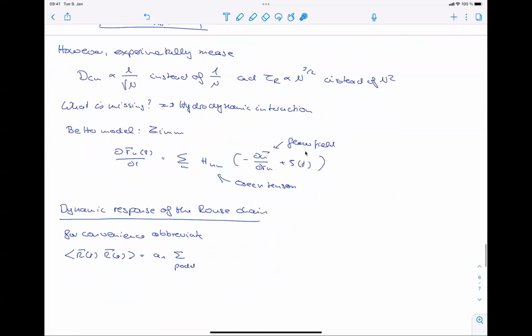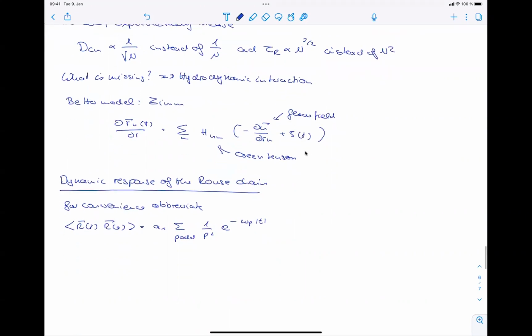Then we had 1 over p squared, and we had an e to the minus omega p t. Let me just note down the definitions.